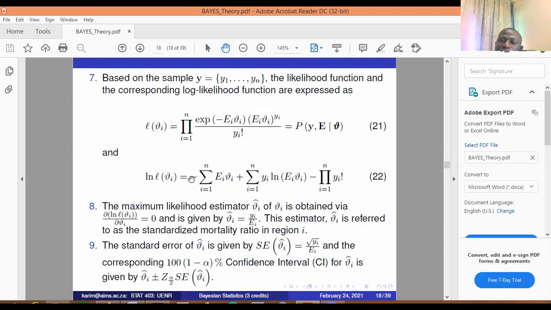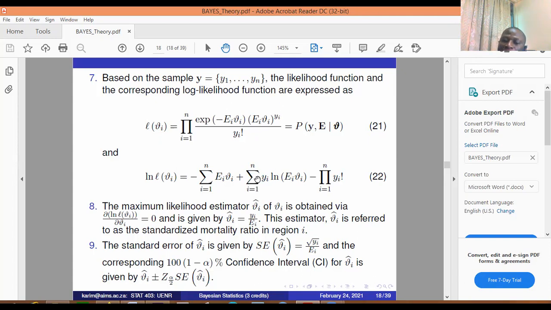So in the end, the log likelihood of this is going to be, because here is exponent, so the natural log of that will just be minus summation of expected number of cases in region I, multiplied by the risk in region I, plus this is going to be natural log of this to the power y.